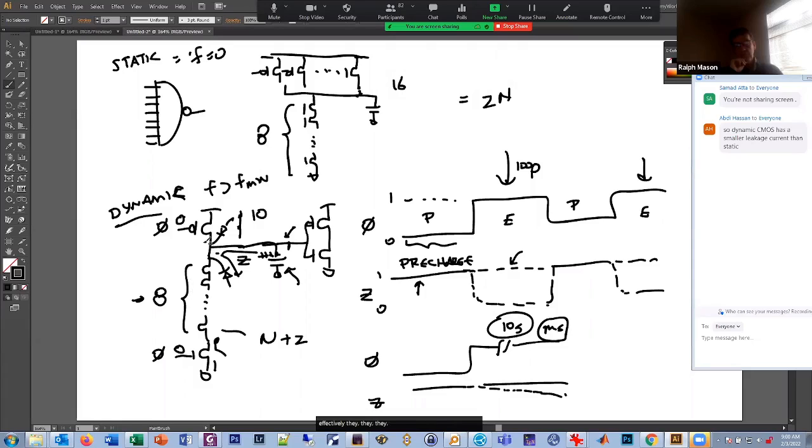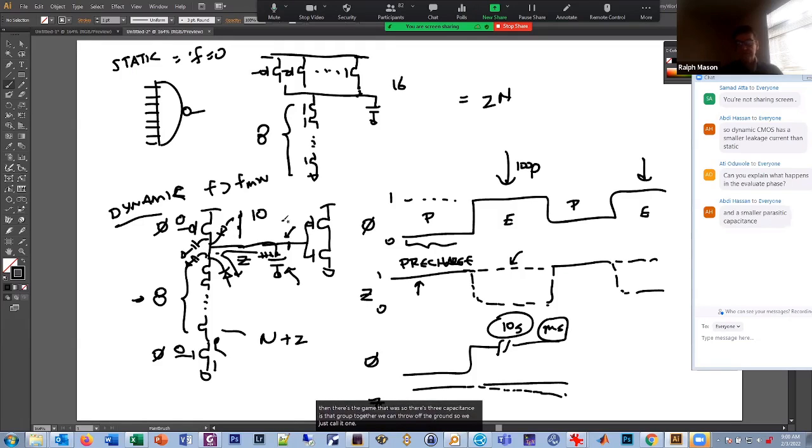They won't. This capacitance on this node, we're going to approximate by just the output capacitance. There's a drain to ground capacitance here, a drain to ground capacitance here, and then the gate capacitance. So there are 3 capacitances that group together. They're all to ground, so we just call it one capacitance.